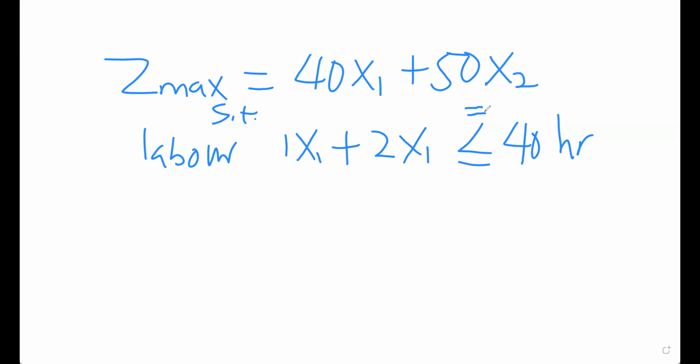But it is also possible that the company will not use all the 40 hours. If they do not use all the 40 hours, then we are dealing with the less than sign. So the overall less than or equal to symbol represents total utilization of the 40 hours, or less than full utilization of the 40 hours.